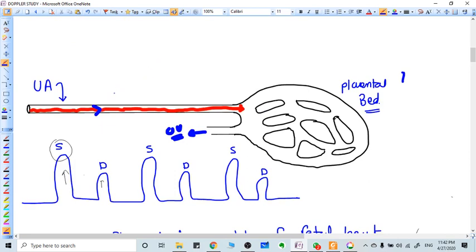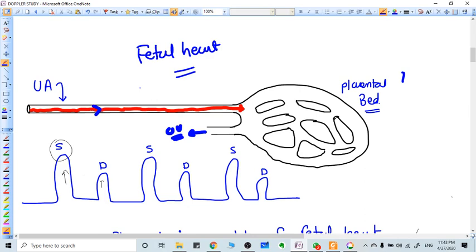It comes from the fetal heart. So the flow in this artery is because of the pump function of the fetal heart and not from the mother's heart.